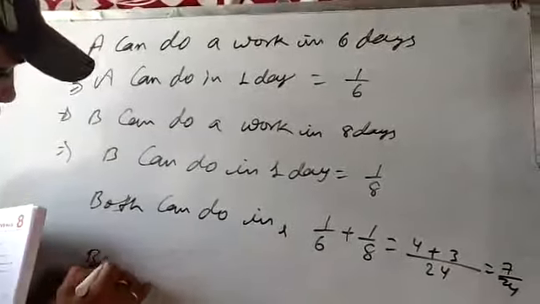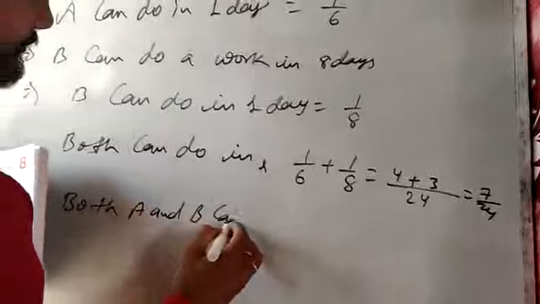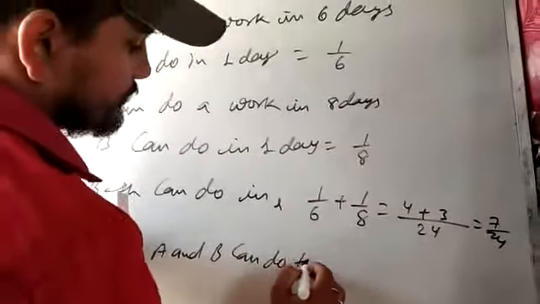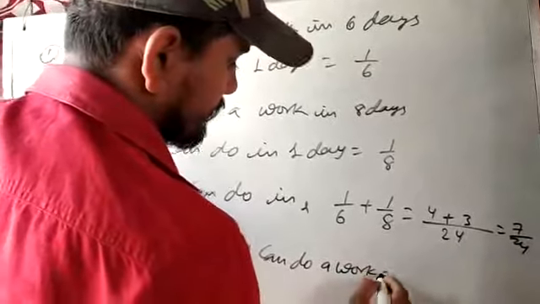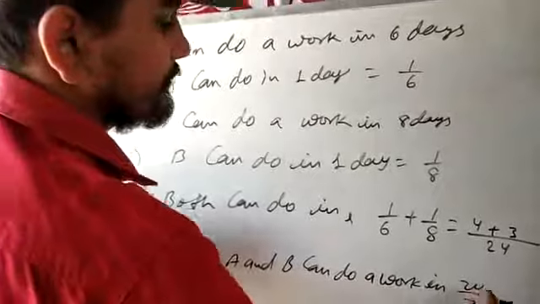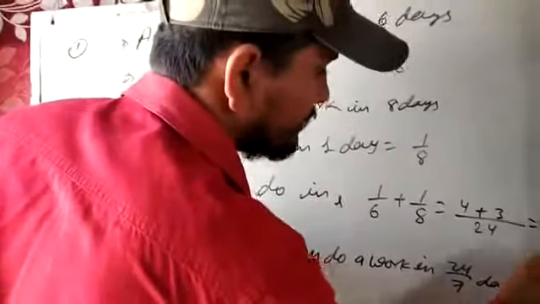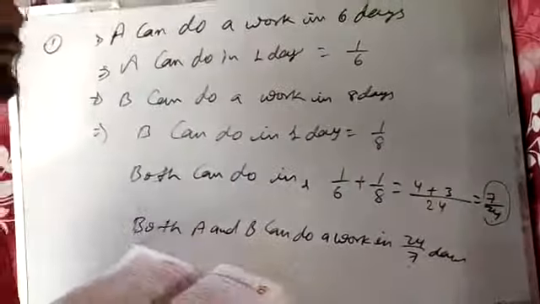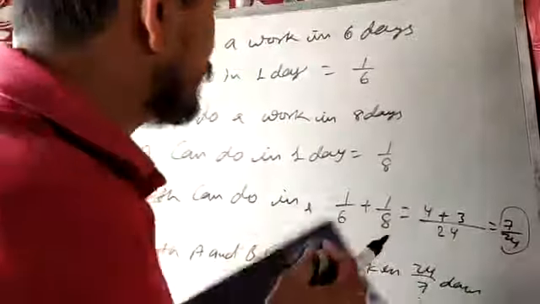Then both A and B can do the work in 24 by 7 days. Okay, now I will reverse it. I will write 24 by 7 days. Clear? Now question number 2.